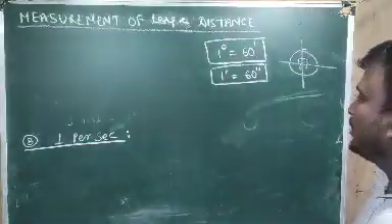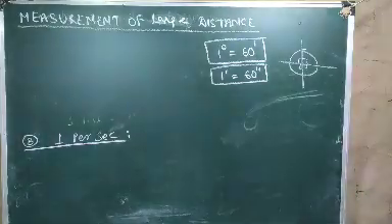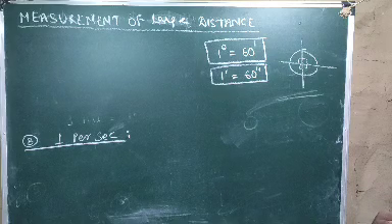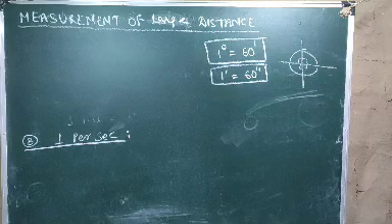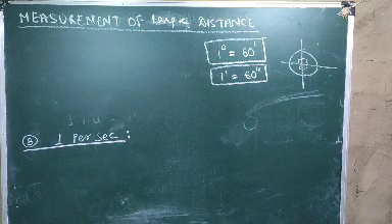Now, what does 1 parsec mean? 1 parsec is the largest known distance till yet.